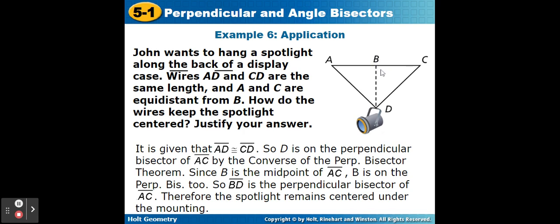So BD is the perpendicular bisector, and that means that even if we were to extend this, the spotlight would be centered under that mounting. It would always be equidistant from A and C. So that's an example for you.